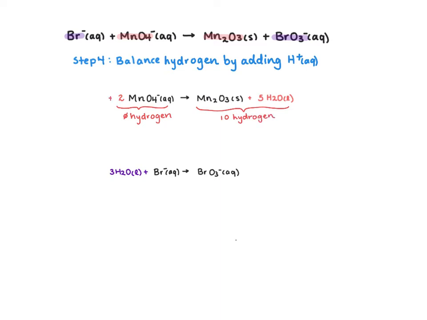So that's going to give us 10 H plus ions. For our bromine half reaction, we have 6 hydrogen in our reactants from the 3 water we added, and we have 0 hydrogen in the product. And so we're going to add 6 hydrogens to the product here.